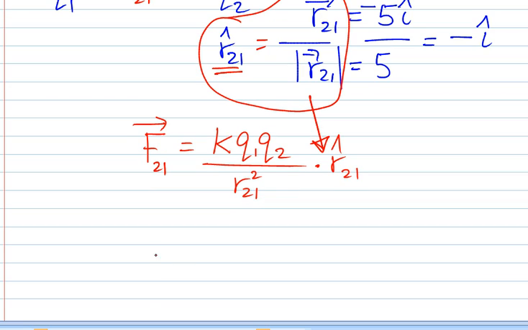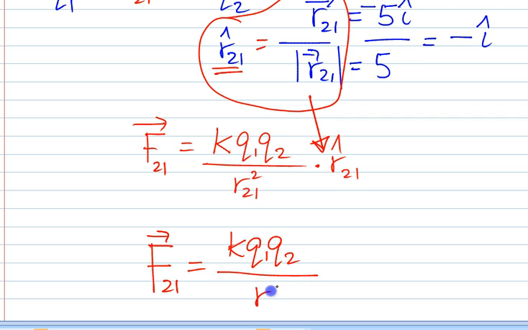Okay, so here we go. Final answer for my electric force between 2 and 1 is equal to k q1 q2 over r21 cubed times r21. Wow, that's crazy. So down here, this is a length. And right here, this is a vector.